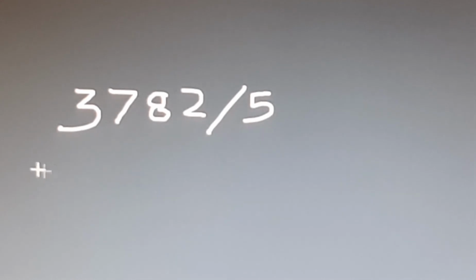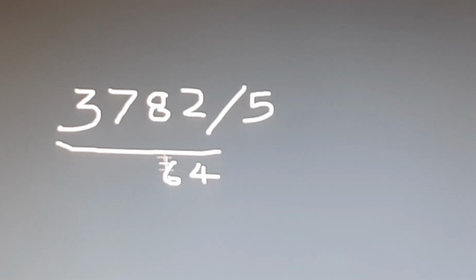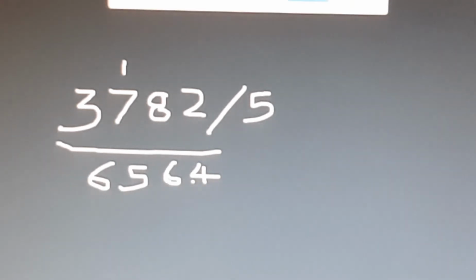Very good. Now you have to double the figure. Double of 2 is 4. Double of 8 is 16. You have to put 6 here and the carry forward number will come here. Double of 7 is 14 plus 1, 15. And double of 3 is 6. Your answer is 656.4. That is your answer.